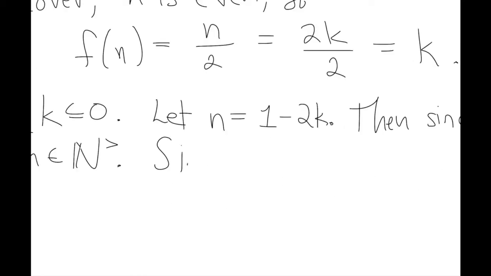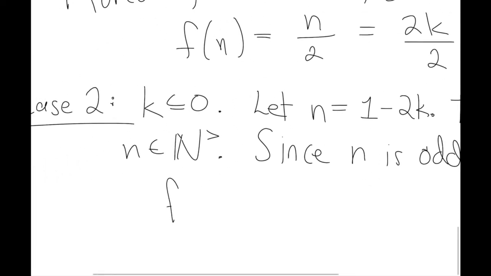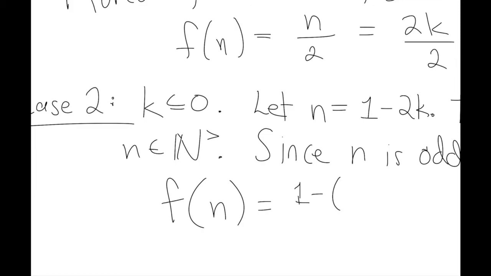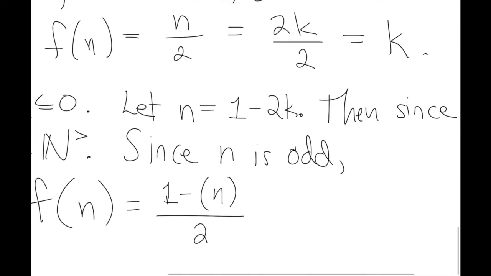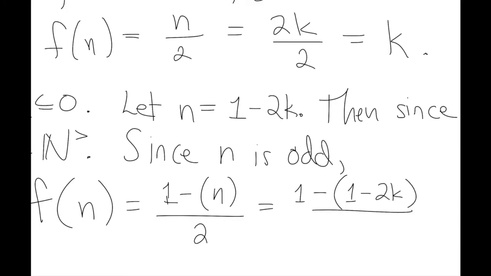Since n is odd, what does the definition of f tell us? That f of n equals 1 minus n, divided by 2. But here, n is just 1 minus 2k, so this is 1 minus, in parentheses, 1 minus 2k. Parentheses are important here.